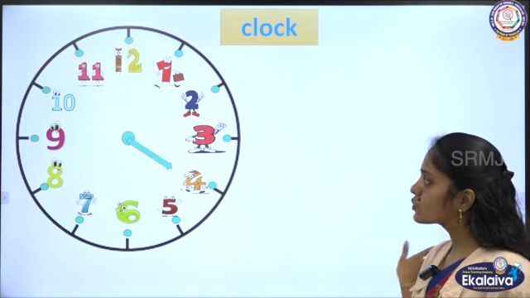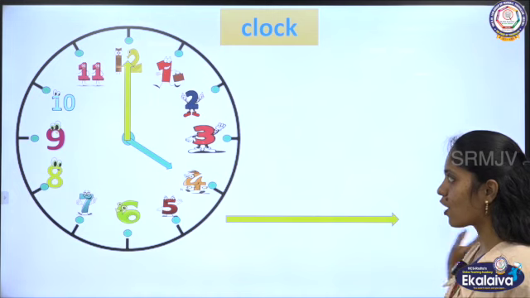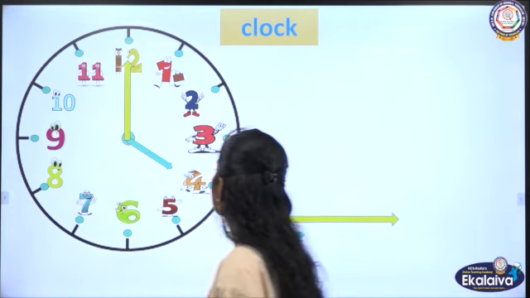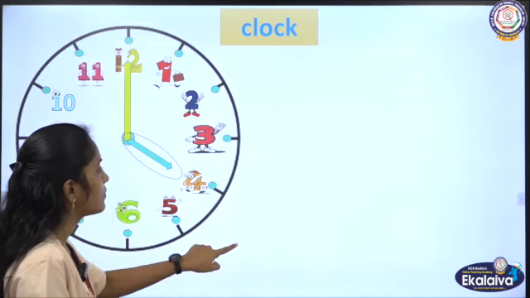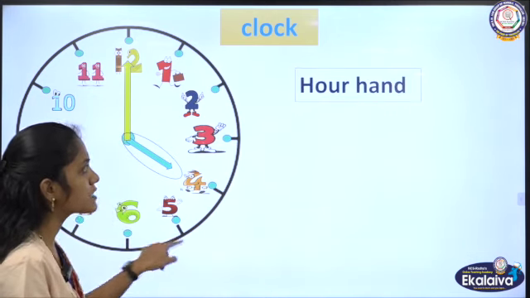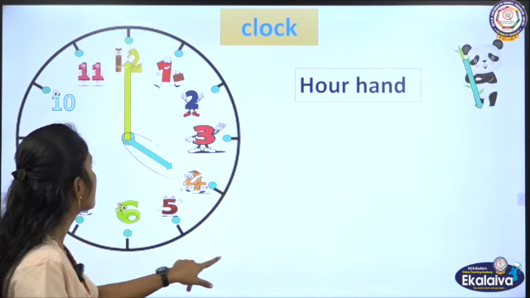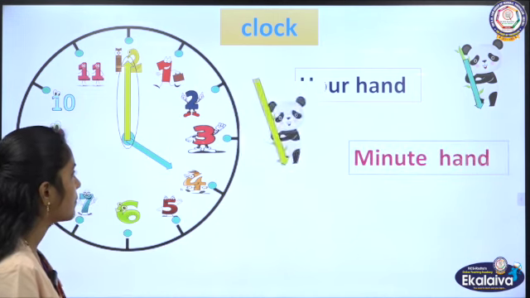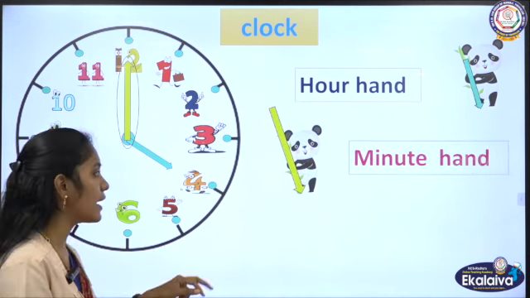It has two hands like us, but one is long and the other one is short. The short hand is known as the hour hand. The long hand is known as the minute hand. Some clocks may have a third hand which is known as the seconds hand.